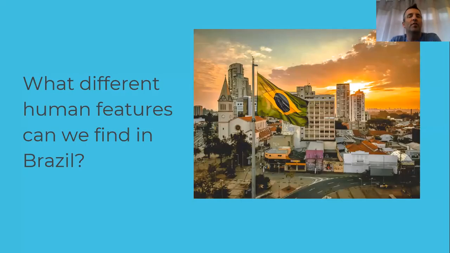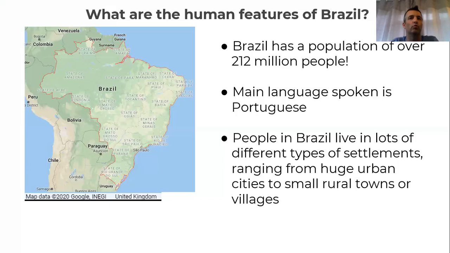Now we're going to move on to the other type of geographical feature, which are different. They are human features. So we're going to look for different human features in Brazil to start with. Now, Brazil is a really big country, as we know, and it has a really big population. That means lots of people live there.